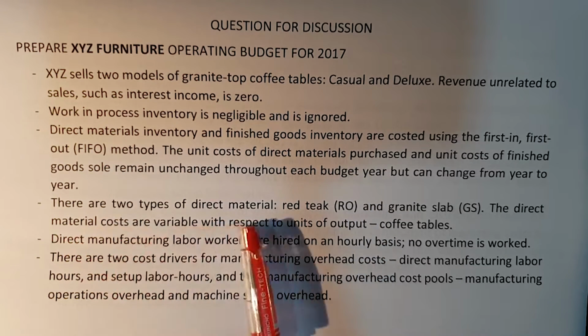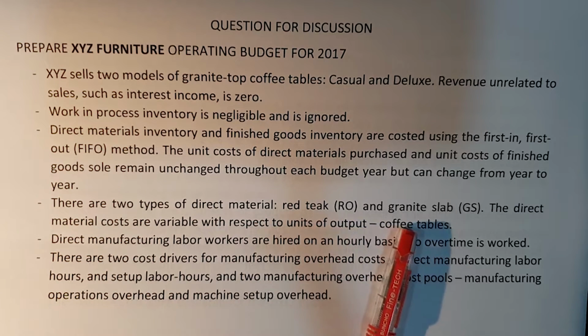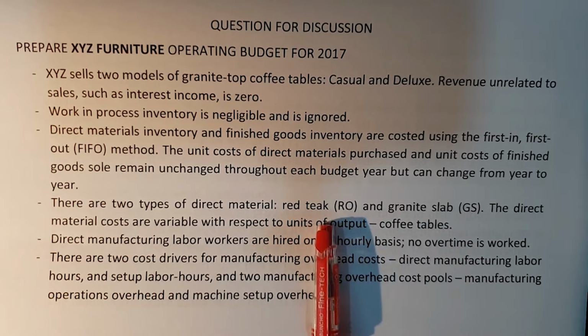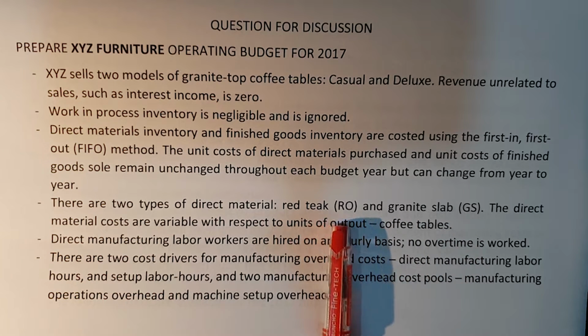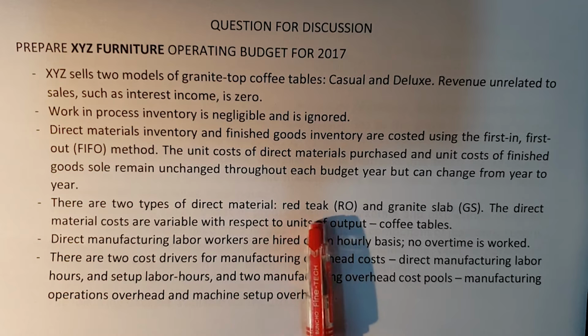There are two types of direct material: red teak and granite slabs. Red teak, in Malay we call it kayu jati, is one kind of hardwood, and it is normally quite expensive and used extensively in manufacturing furniture.